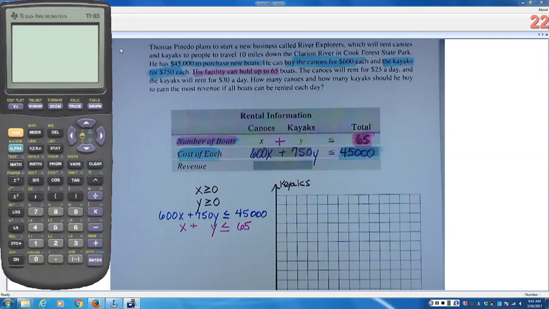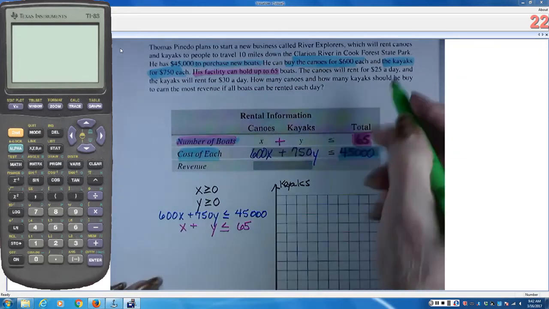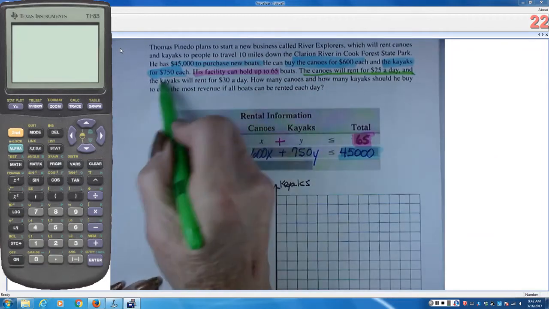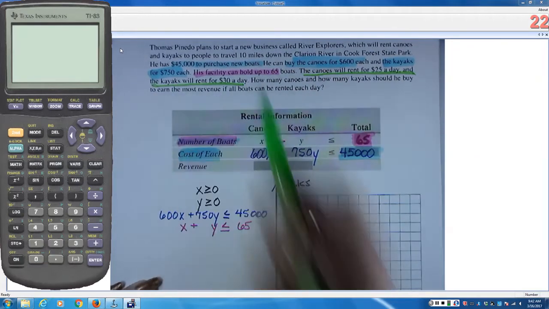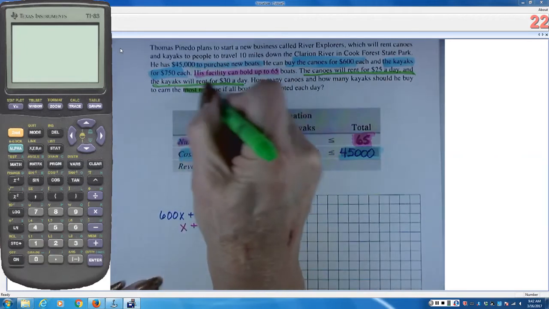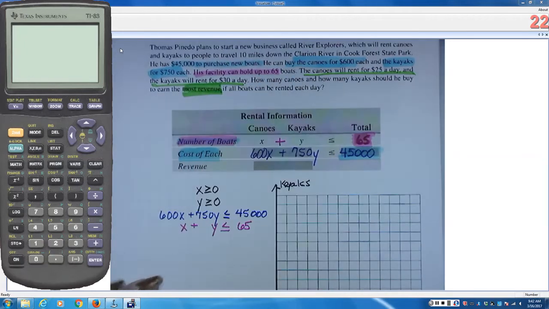And then we're going to turn to the money side of things. This is not a constraint. It says the canoes will rent for $25 a day and kayaks will rent for $30 a day. How many of each should he buy to make the most revenue? So that's going to be our objective function.